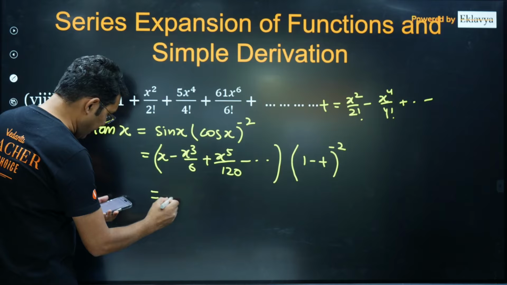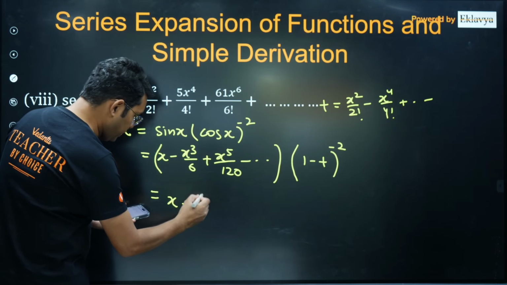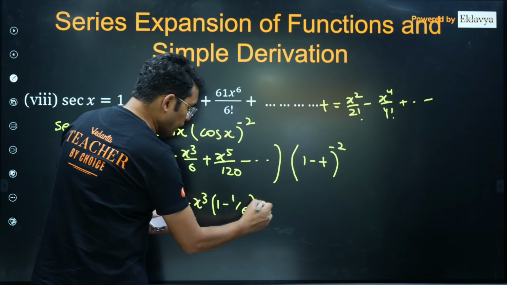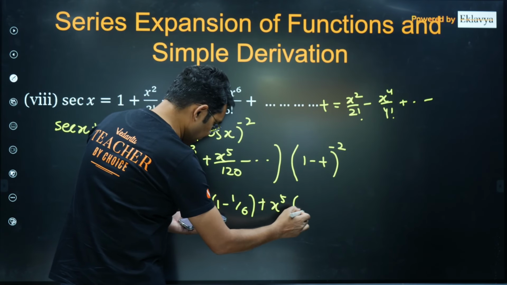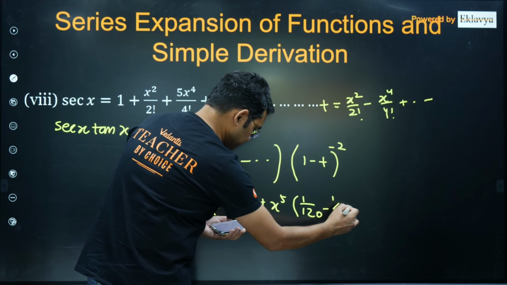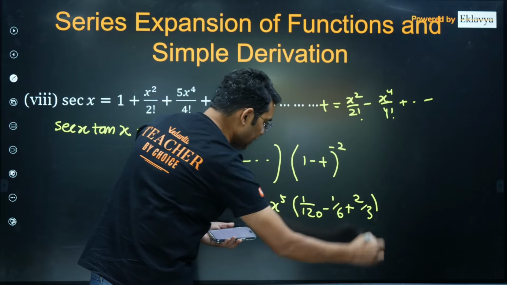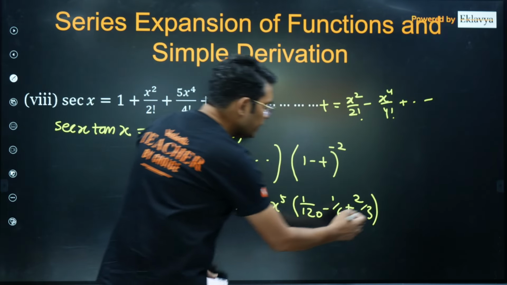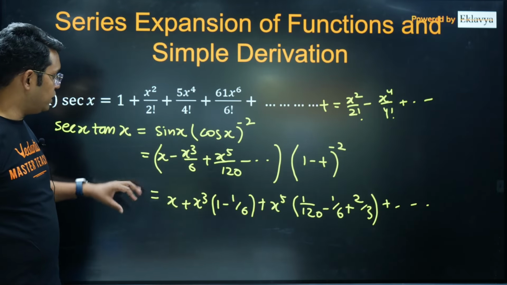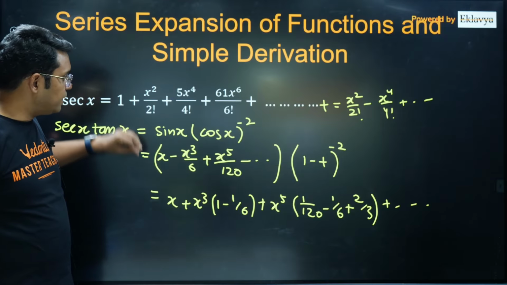I think we will be getting x here, and x cube will come with 1 minus 1 upon 6. X power 5 will be coming with 1 upon 120 minus 1 upon 6 plus 2 upon 3. I think it is simple calculation. I am avoiding writing it because there is nothing complicated in this. You just have to see where all the x terms can come.